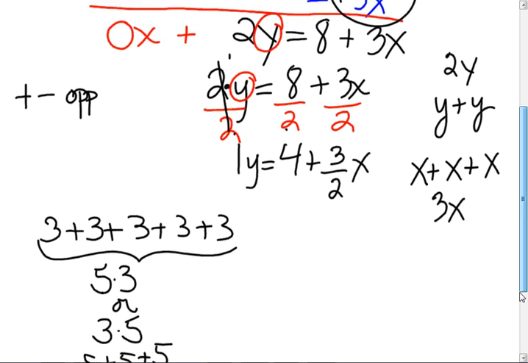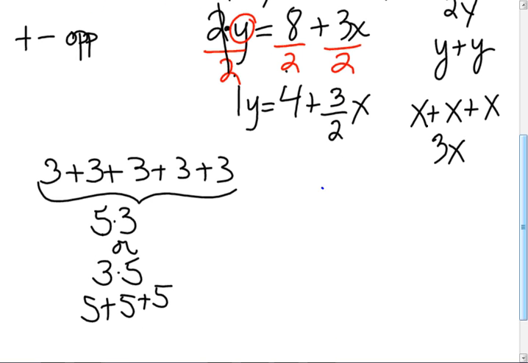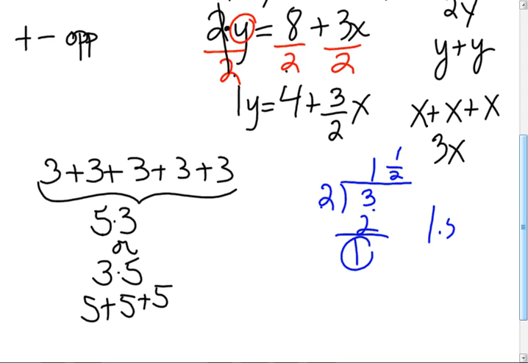We're going to put you guys back in linear if you don't know what this is. We already did this year. 2 goes into 3 how many times? It's once. Remainder of 1 and a half, which is 1.5. You're indeed correct. Let's do it on the calculator.